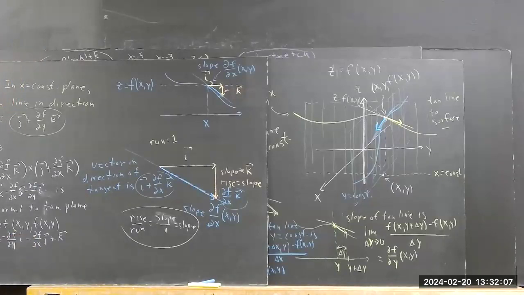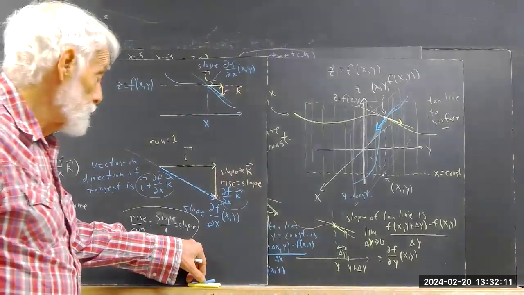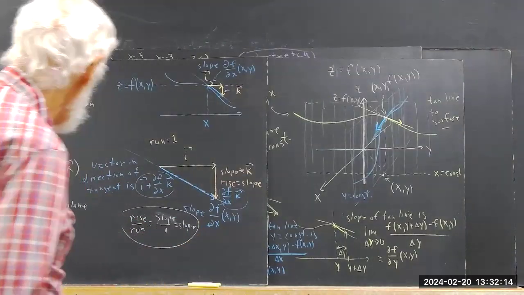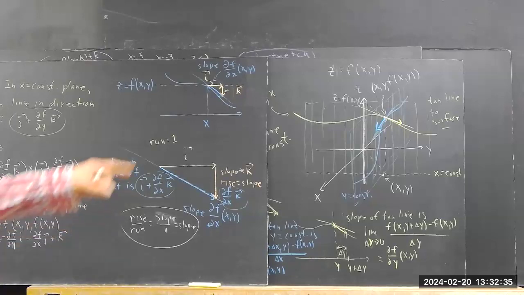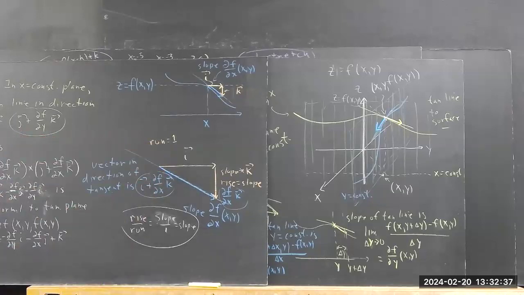Okay. In any case, in this particular instance, the partial of F with respect to X is negative, so we're going to have a positive multiple of J. The partial of F with respect to Y is also drawn so that it's negative.